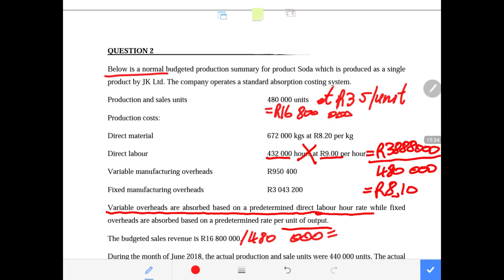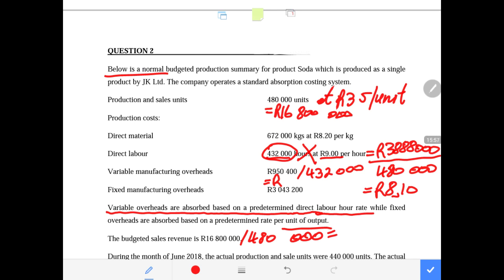Then going back and checking those numbers once again, we have our variable manufacturing overheads, which is 950,400 rands. And we know that the total budgeted labor hours is 432,000 hours. If we divide by hours, we will get our rate per hour.